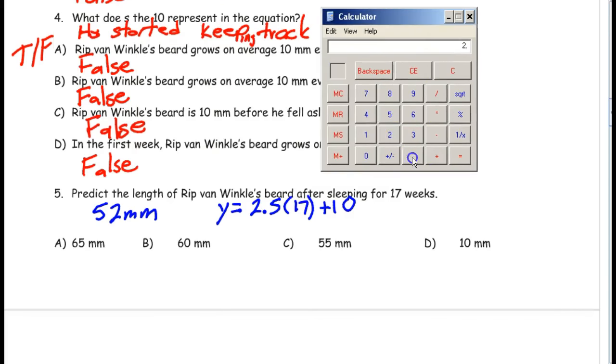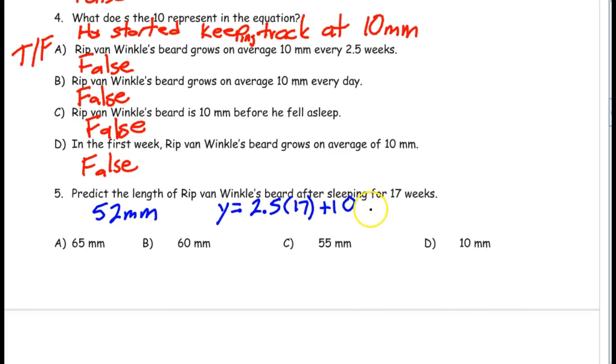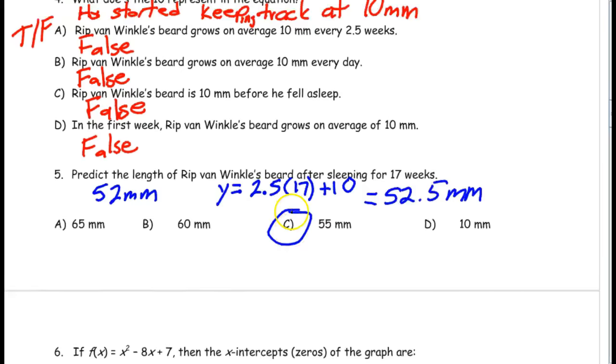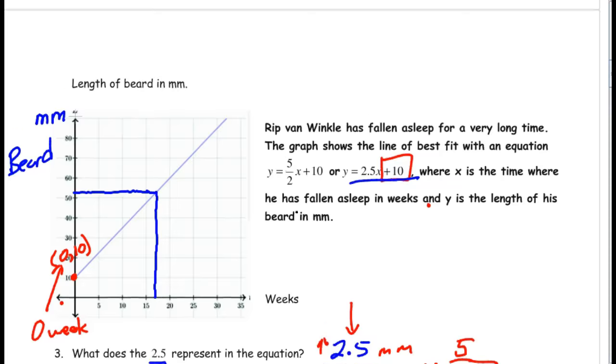So 2.5 times 17 plus 10 would be 52.5. So I estimated from the graph 52. So 52.5 millimeters. So pretty close. And I guess we were rounding up to 55 if it was multiple choice. Okay, so that's it for the statistics using the line of best fit.